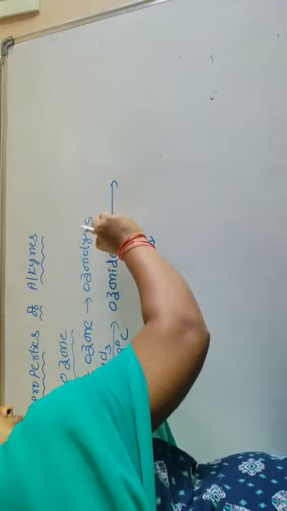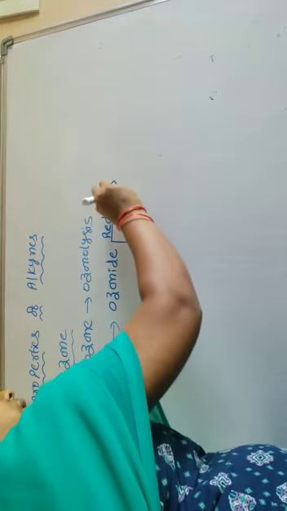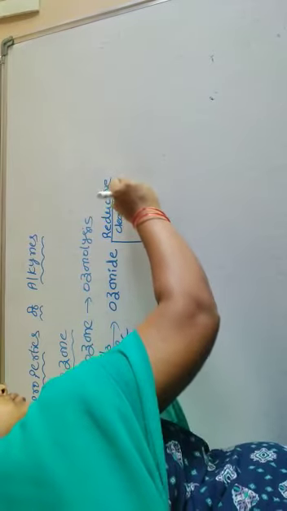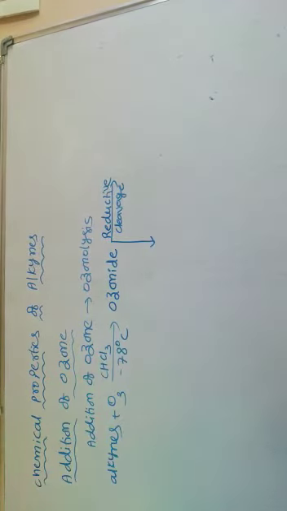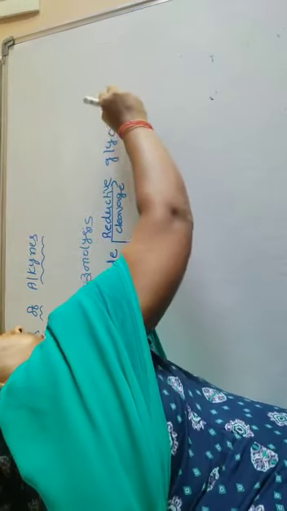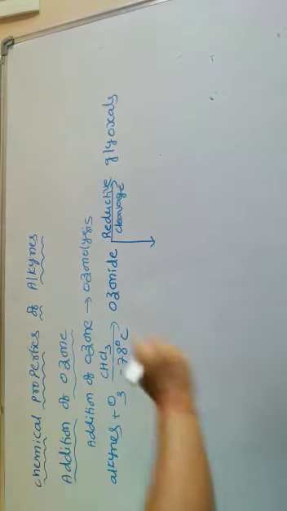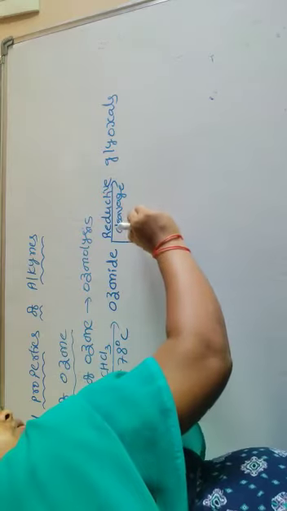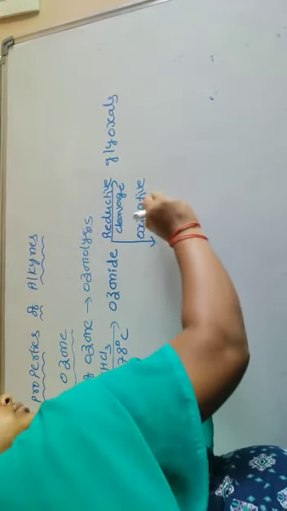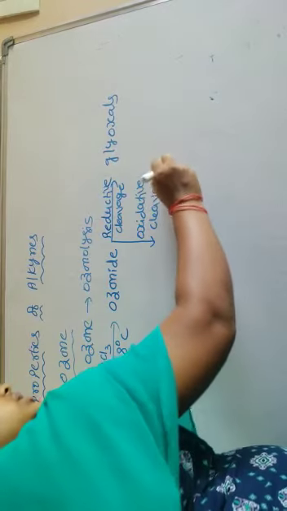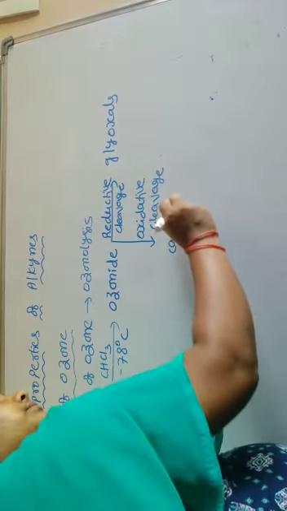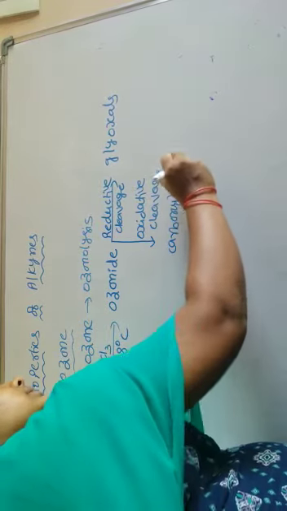On reductive cleavage, it gives glyoxals. And on oxidative cleavage, that is by using some oxidizing agents, it gives carboxylic acids.